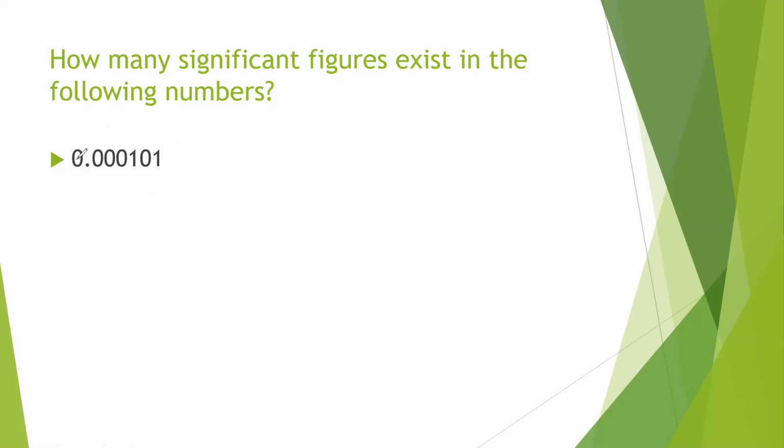We have to remember the difference between a leading zero and a captive zero. These ones are definitely significant. This is a captive zero, it's significant. Although there is a decimal point, these are called leading zeros, which don't help with the accuracy, and they're never significant. They're just placeholders. Only if it had zeros at the end would they be significant. So yes, there's only 3 sig figs in this one.